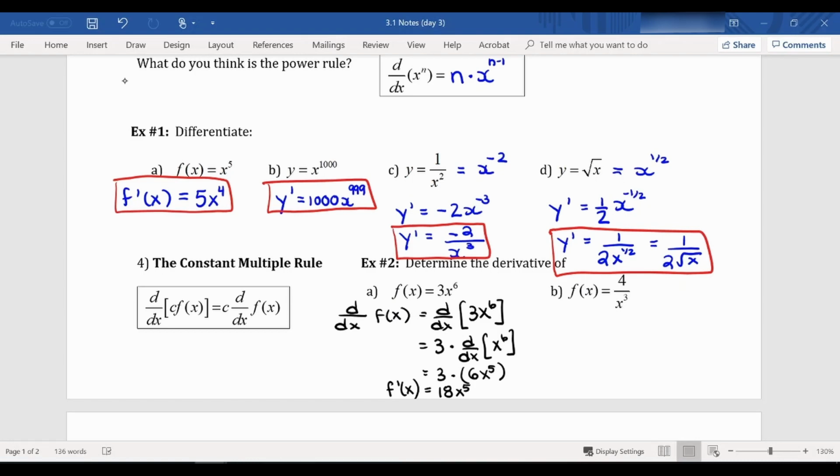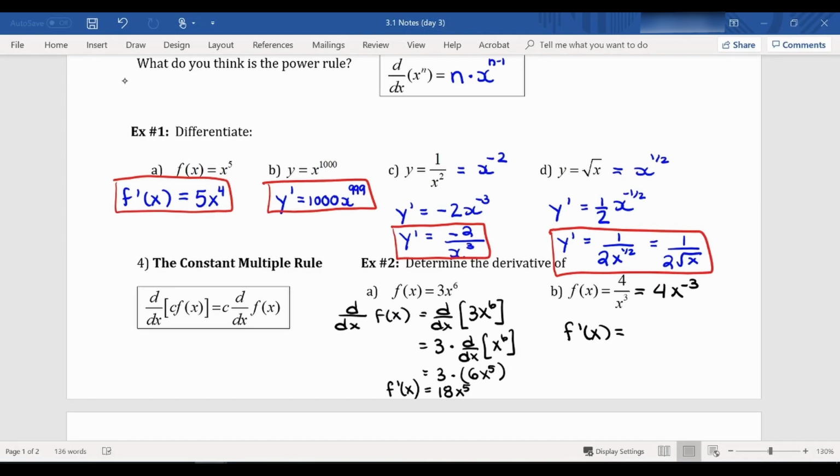So I'm not going to go through all of these steps every single time. What I'm probably going to do, which I will do with b, is first rewrite b as 4x to the -3. If I want to find f prime, I'm going to drop the exponent down and multiply it by my constant because it's a constant multiple.